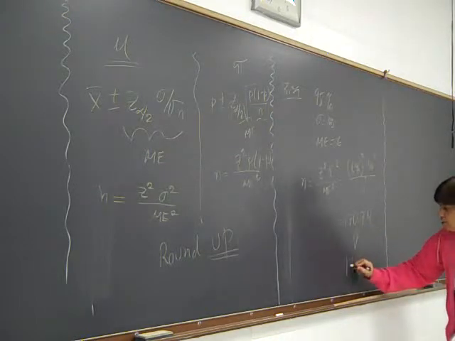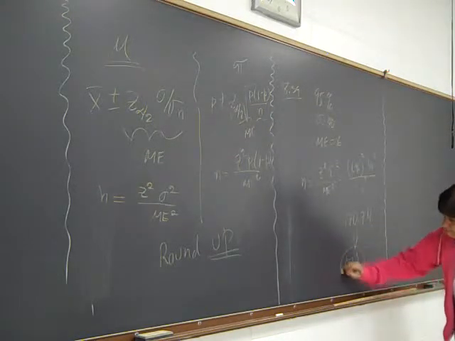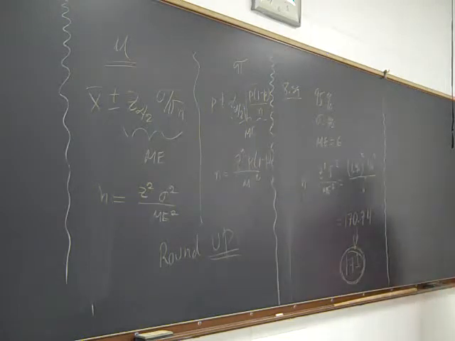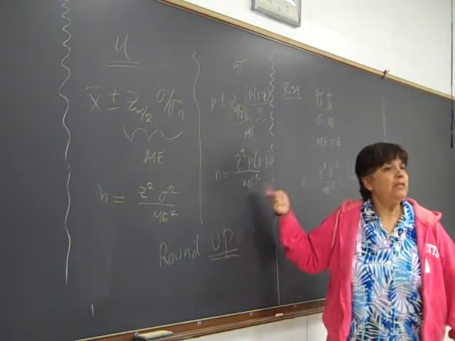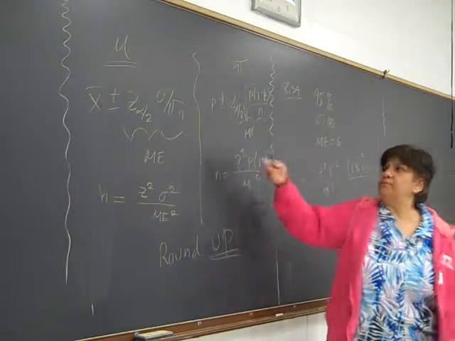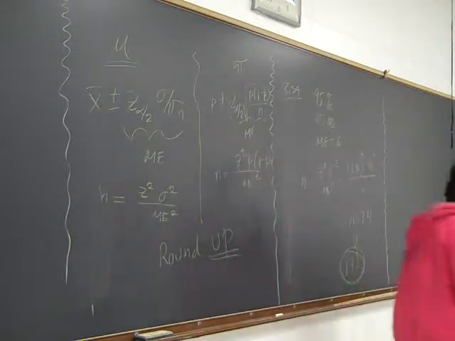Round up, 171. Round up, always. Okay? It's pretty easy. It's just this formula, and these formulas are in your book. They don't tell you how to do this, but I already told you.